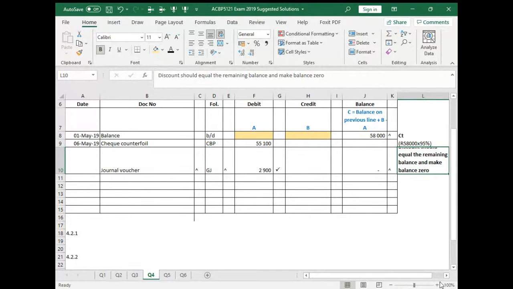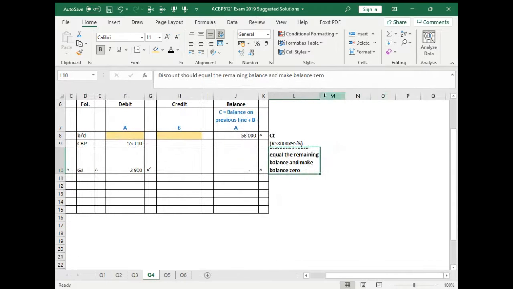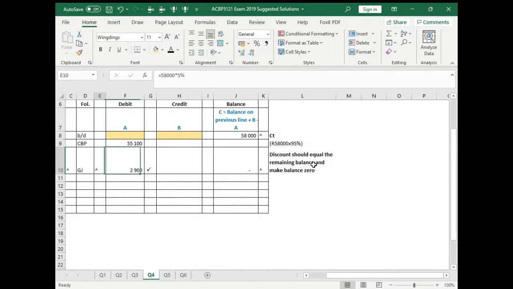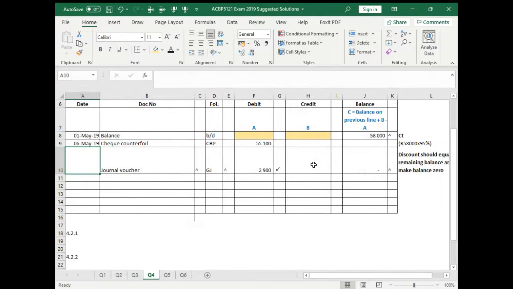Now we said that some of it is only paid, we received the discount. Now to work out the discount amount, we take that 58,000. We deduct the 55,100 to get to a balance of 2,900. That's remaining. So that is what our discount would be.